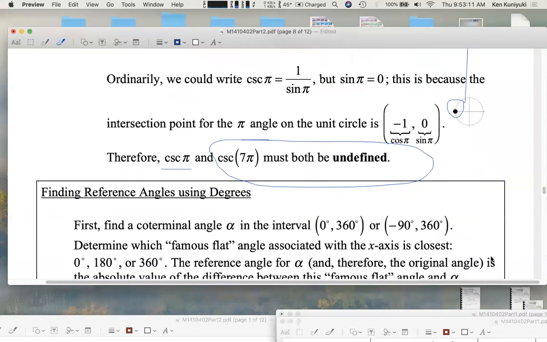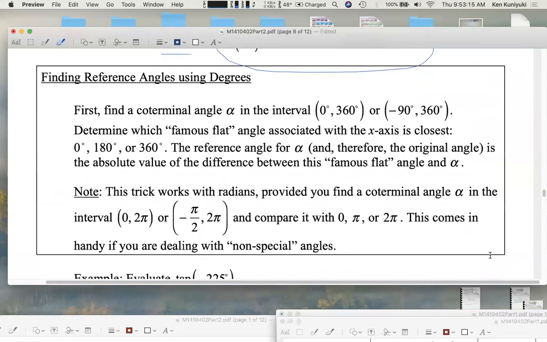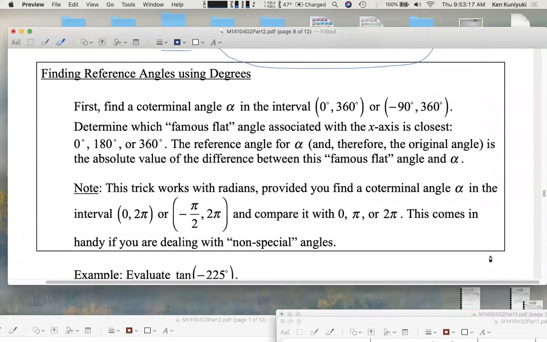Okay. Now let's say you're dealing with degrees. Remember that finding reference angles for special angles is very easy if you're dealing with radians. For degrees, it's actually a bit trickier. So let's say that you have an angle, theta, that you care about. First, you might want to find a coterminal angle, alpha, because your angle theta might be too big or too small or negative.